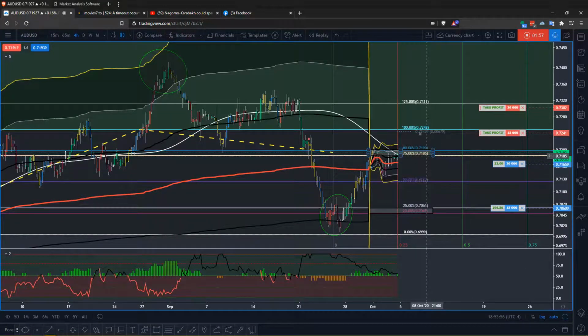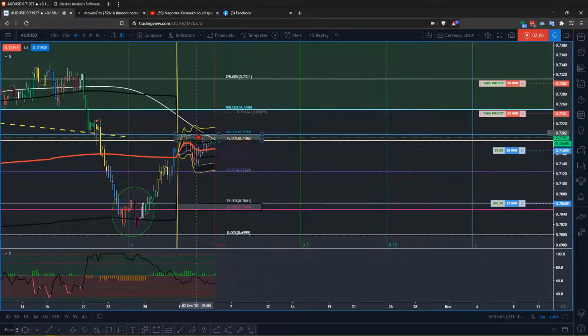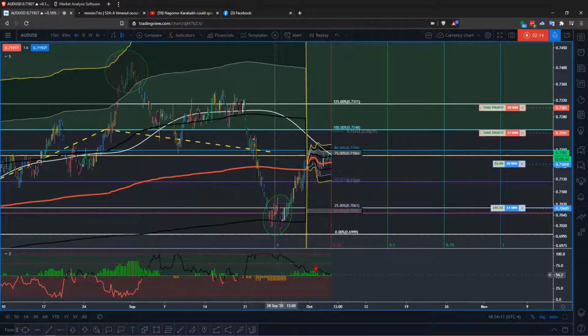But that doesn't exclude the possibility that we can see some volatility to the downside. If we look at how the 75-80 area is actually going to progress a little bit further, we may be able to get a more confident reading on that and the further direction that it's going to go in.